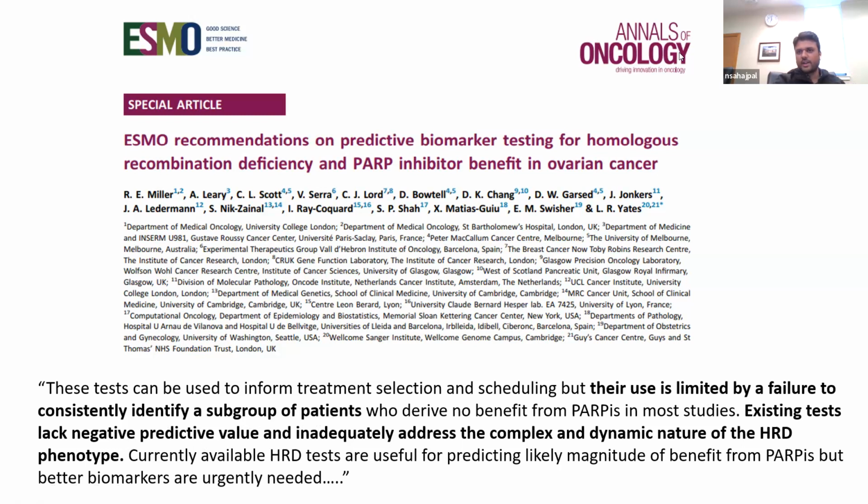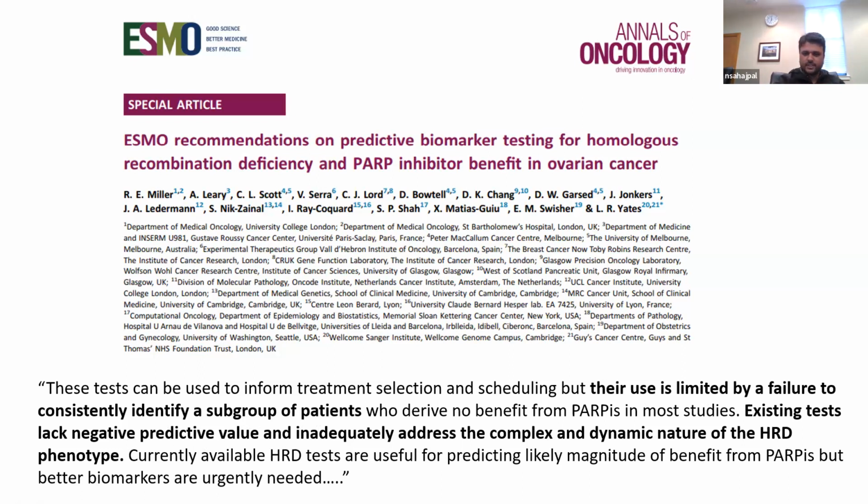So while on one hand, they have a good sensitivity with respect to positive predictive value, they certainly miss a subset of patients even in these tumors. And we can discuss why that might be a reason in the way those clinical trials were conducted.